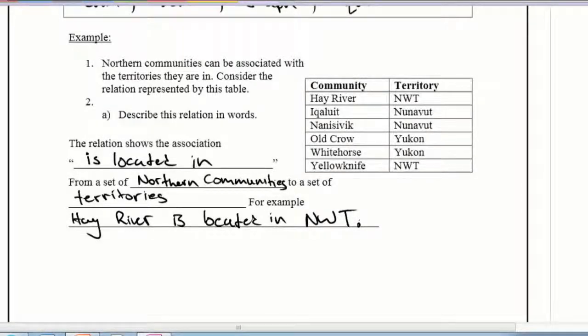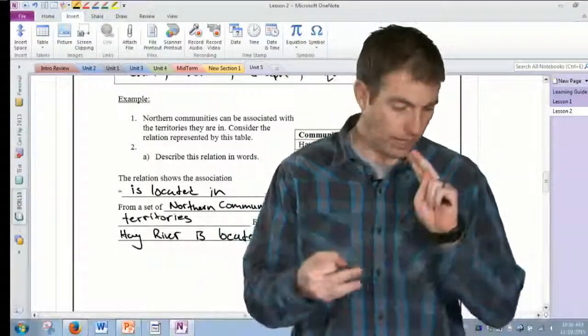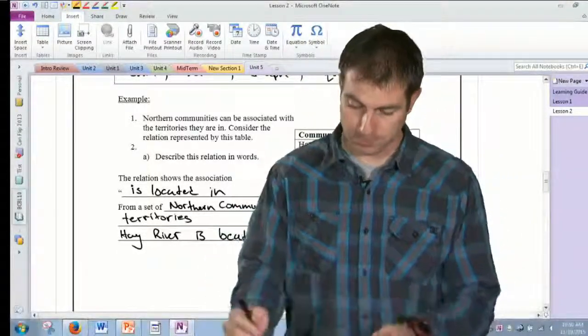So this is the relation, "is located in." So far we have the relation in a table, we have the relation in words, and we're going to do one more on the next page here.